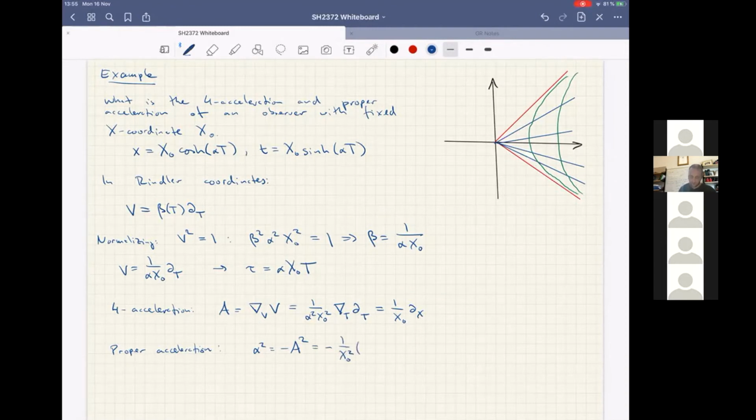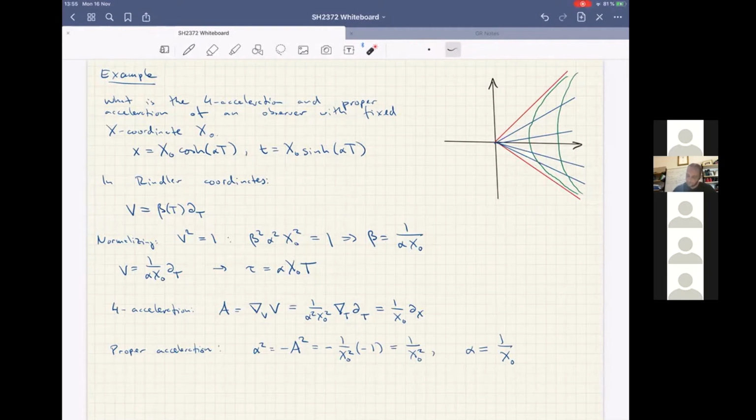And then the metric component is minus 1, so I get 1 over x0 squared. Proper acceleration is positive, so the proper acceleration along one of those hyperbolae is constant, and it's equal to 1 over the x coordinate at which this hyperbola crosses the x-axis.